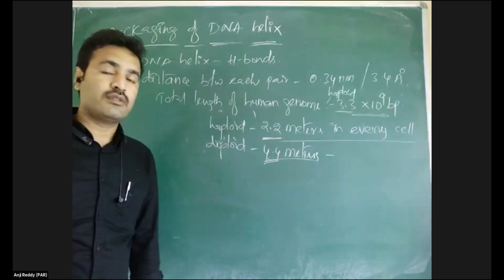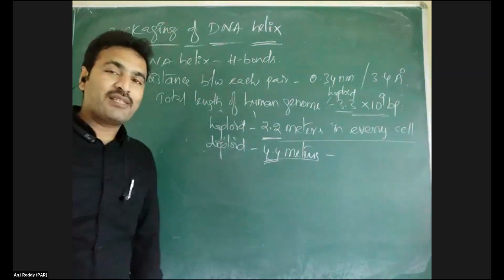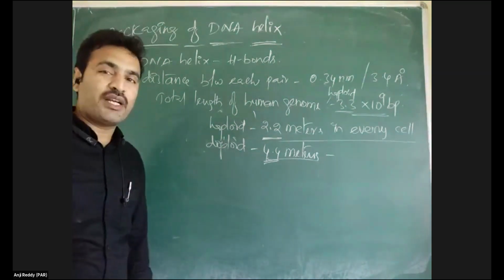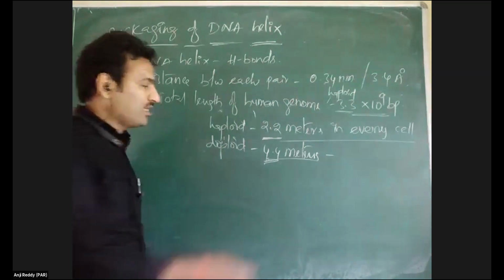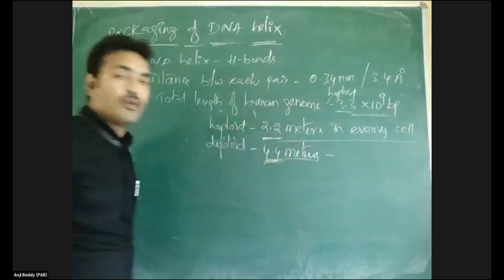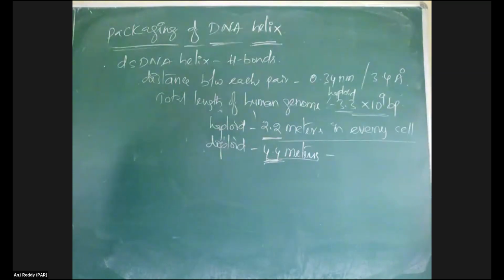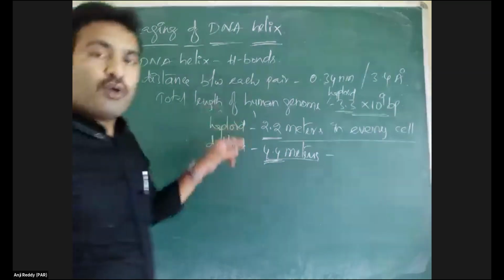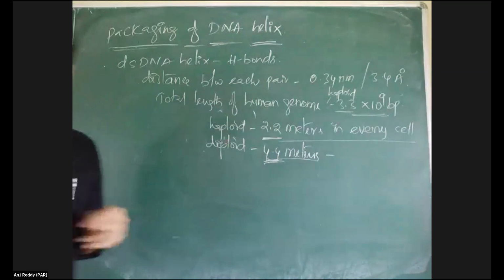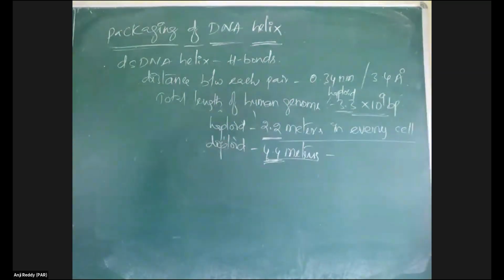But the average height of human beings is 1.5 to 1.8 meters. So where is this 4.4 meters long genetic material DNA packed?